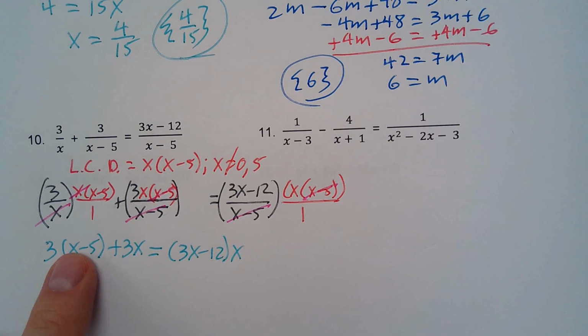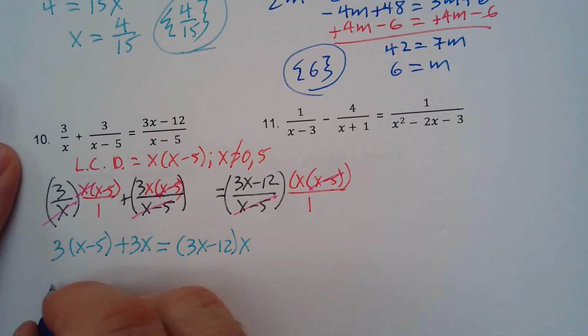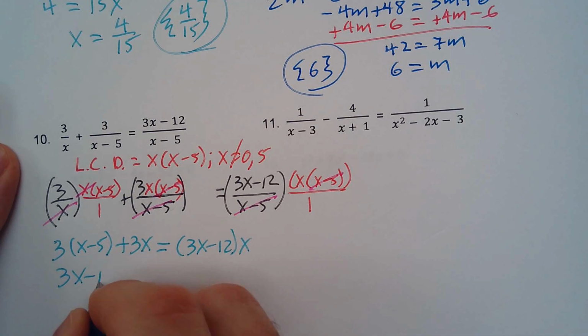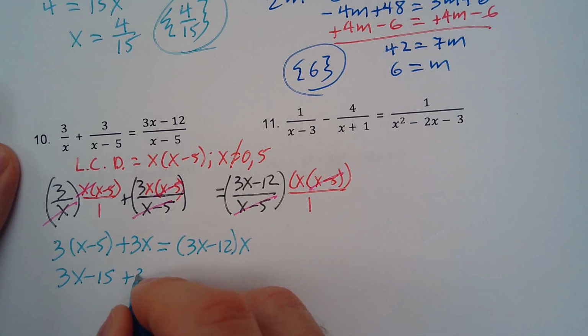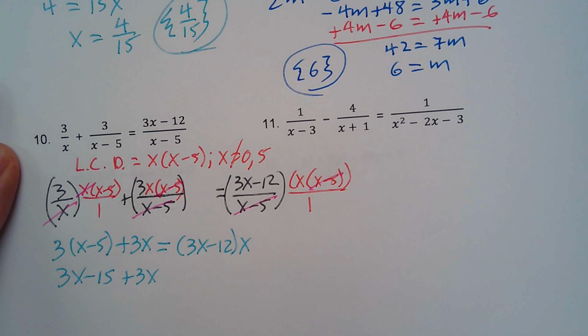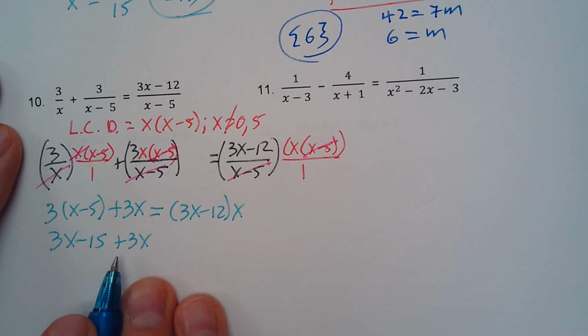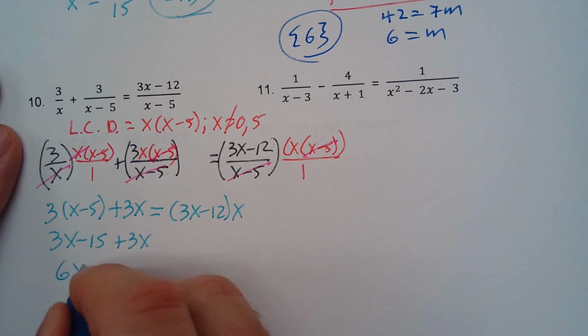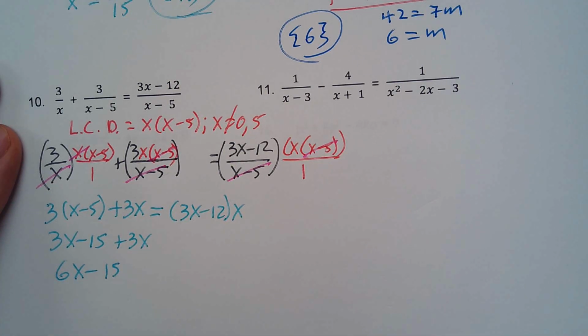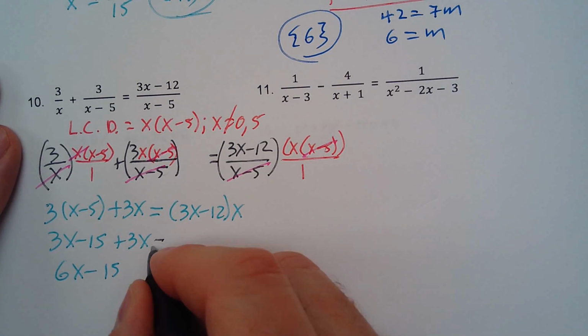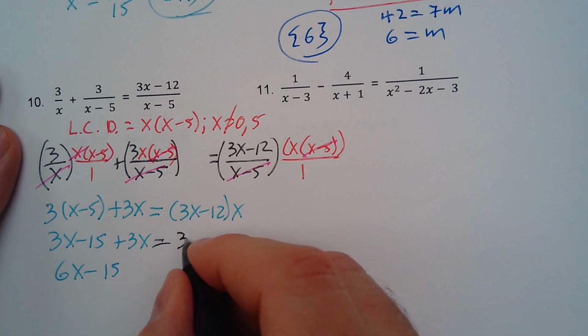So we want to distribute the 3. And then we need to combine like terms. 3x and 3x will give me 6x. On the other side, we're just going to go ahead and distribute that x to both terms.